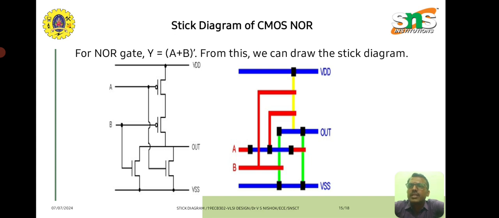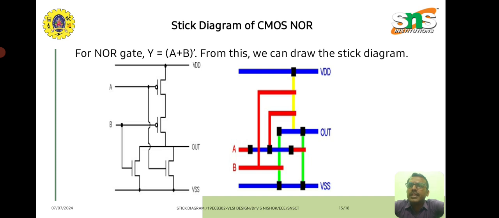For A plus B, the plus represents the parallel connection of two NMOS transistors with inputs A and B. Similarly, for the pull-up network, the plus represents the series connection of two PMOS transistors as shown in the circuit here. After drawing this circuit, in between the pull up and pull down network we take the output and complete the circuit, and we design the stick diagram as shown here.